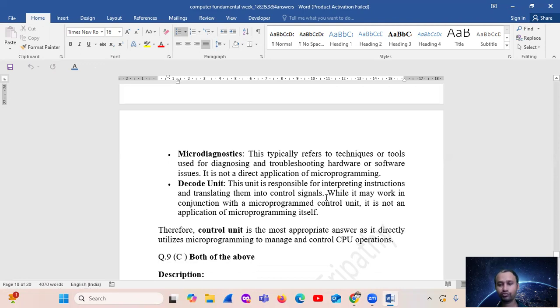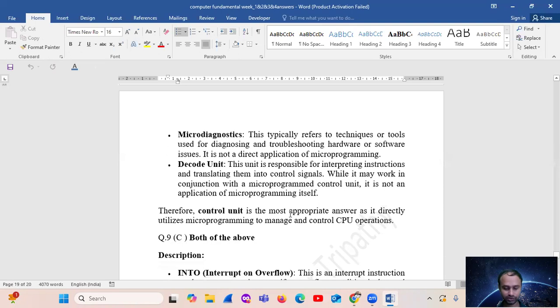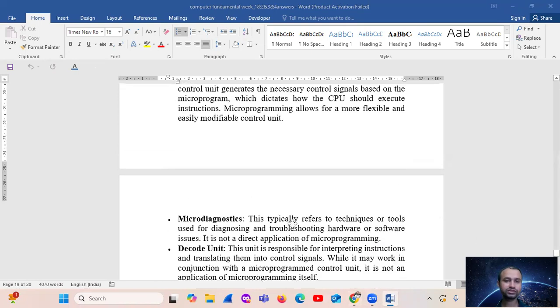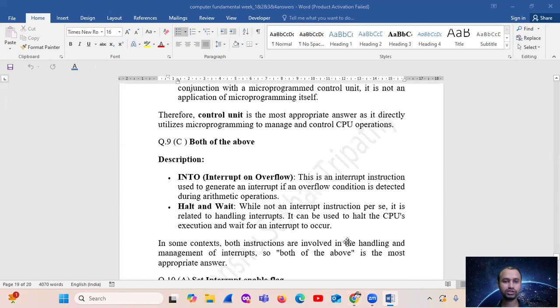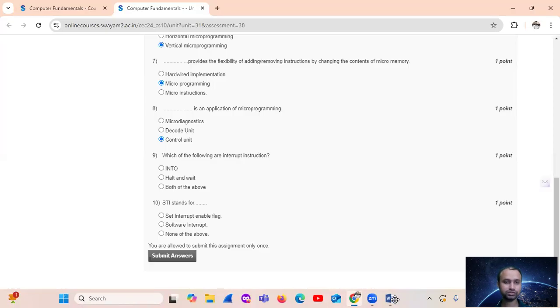While it may work in conjunction with a microprogram control unit, it is not an application of microprogramming itself. So control unit is the most appropriate answer, also directly utilizes microprogramming to manage and control CPU operations. इसका आंसर हो गया control unit, that is option number C.